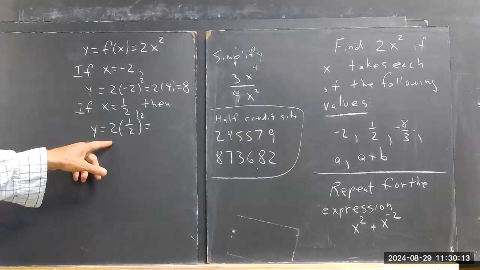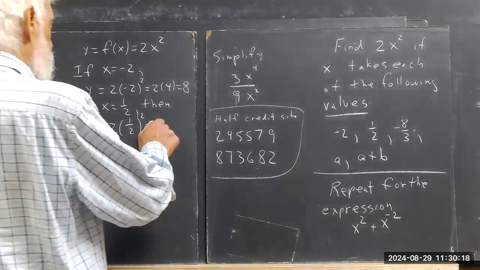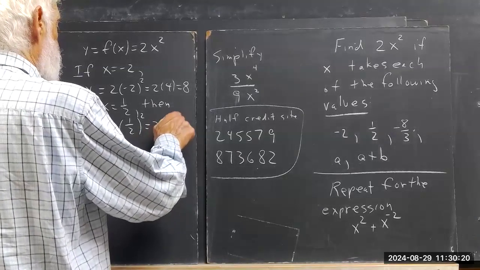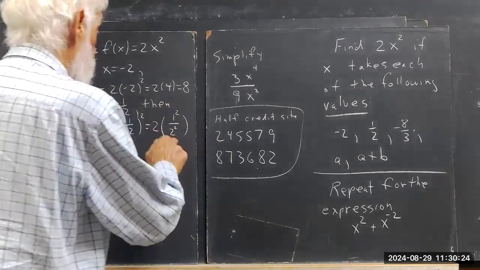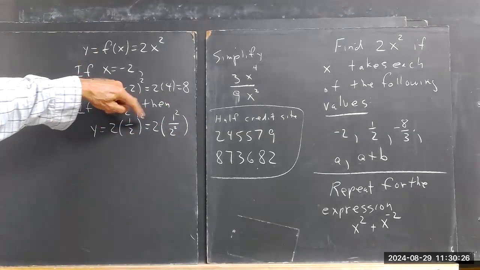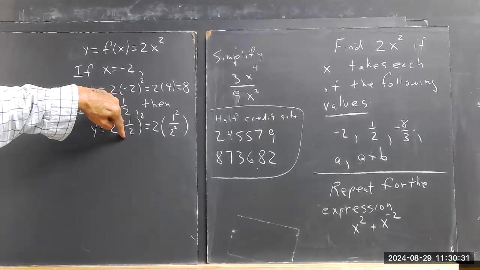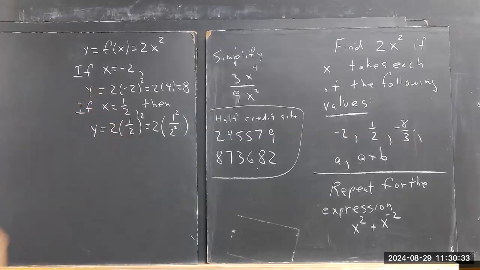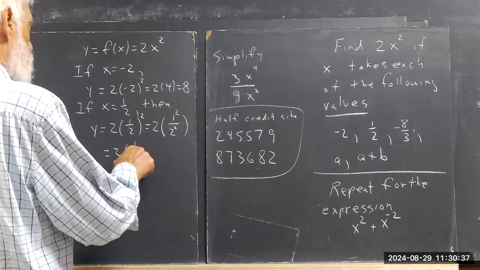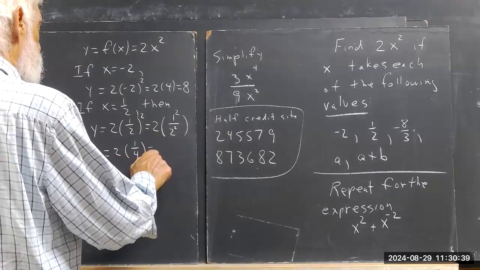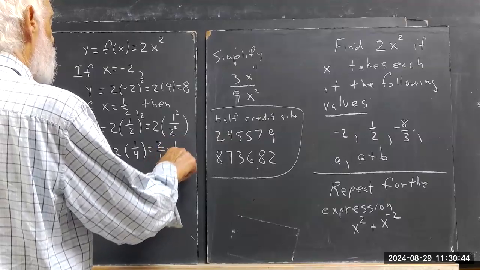Okay, so there we have it. 2 times the square of 1/2. Well, that's 2 times 1 squared over 2 squared, because the exponent distributes over a division or multiplication, right? You gotta be sure you understand that. And that equals 2 times 1 over 4, which equals 2 over 1 times 1 over 4.